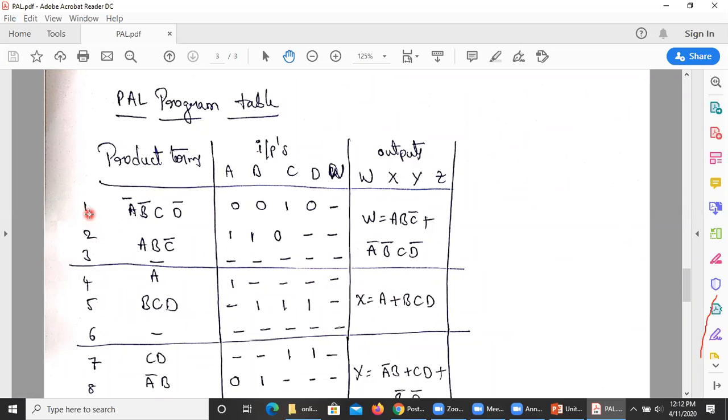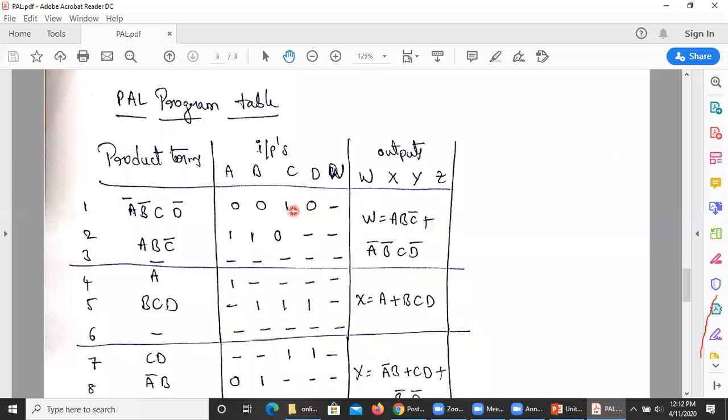So the first, second, and third AND gates are all connected to W. Here we have A bar B bar C D bar, A B C bar, but there is no term for the third one, so you just keep it as a hyphen. For the inputs A, B, C, D, A, B, D are in complemented form, so we make them 0.